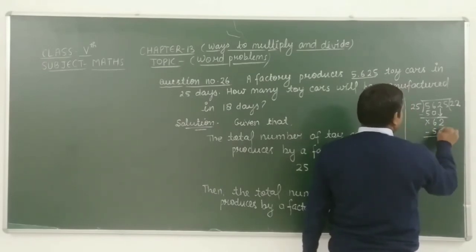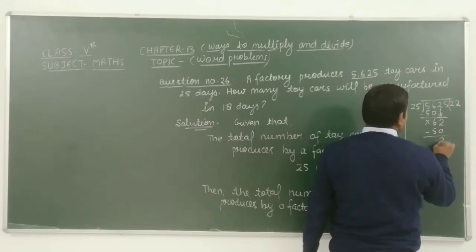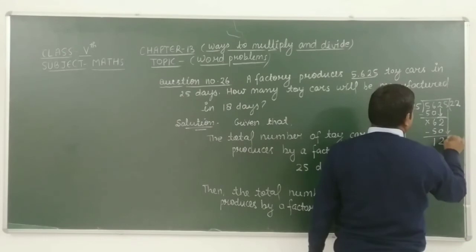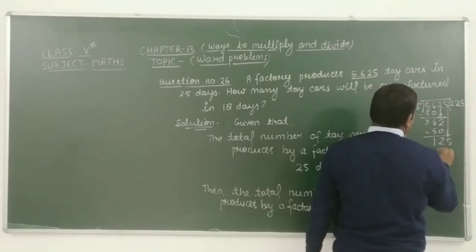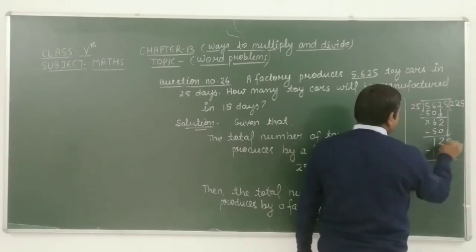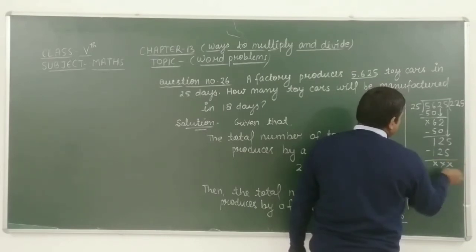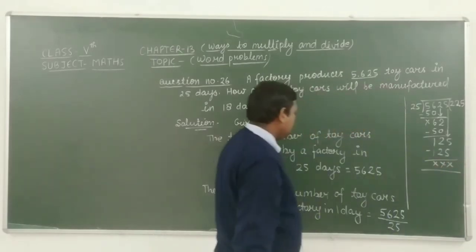After subtracting these, 2 minus 0 is 2 and 6 minus 5 is 1, and here we have to take down 5. 25 fives are 125. After subtracting these we get all 0, it means everything cancels out.